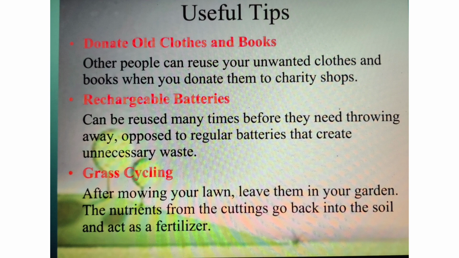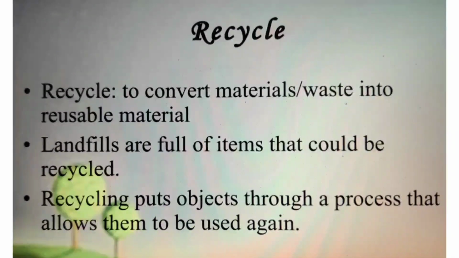Next, rechargeable batteries: instead of throwing away regular batteries, which creates unnecessary waste, we can use rechargeable batteries which can be reused many times. And while cutting grass, after mowing your lawn, leave the cuttings in your garden so that the nutrients go back to the soil and act as fertilizer. And the last R in the 3R hierarchy is recycle, that is, converting material or waste into reusable material.